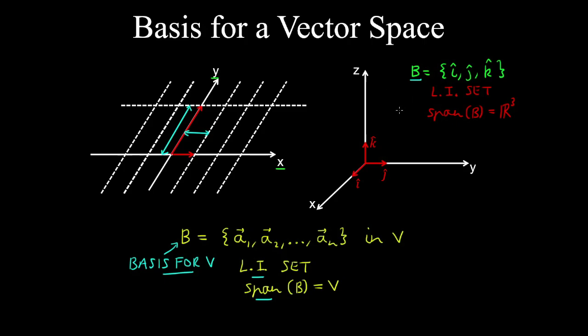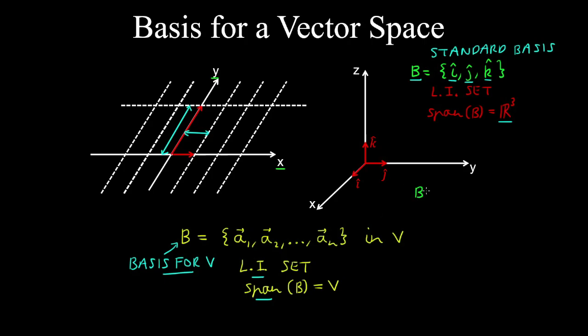So any vector in 3-space can be expressed as a linear combination of these basis vectors. So in this special case, these vectors form a standard basis for R3.